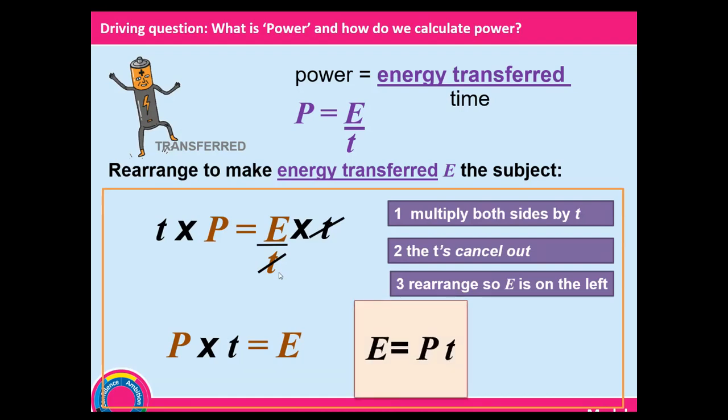Again, I'm not going to go through the same process. We're just replacing the E by W for work done, and that will be the same equation, W equals PT. Whether you're given energy transferred or the work done in joules, it is the same equation you use. If it's energy transferred, you use E equals PT. If they use the words work done, use W equals PT. Energy transferred equals work done.